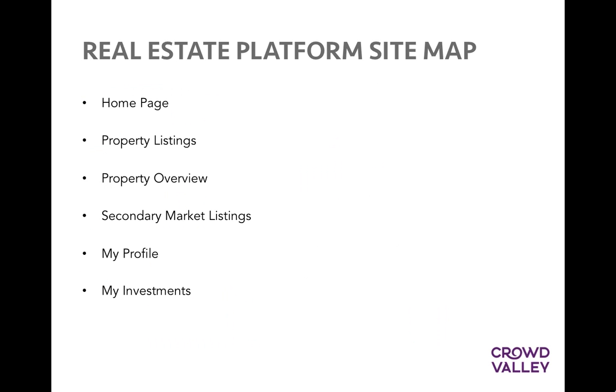Similarly, you might want to have some kind of breakdown of which properties make up the majority of your portfolio, which locations you're investing in, and you might want to also list the properties that the user has invested in.